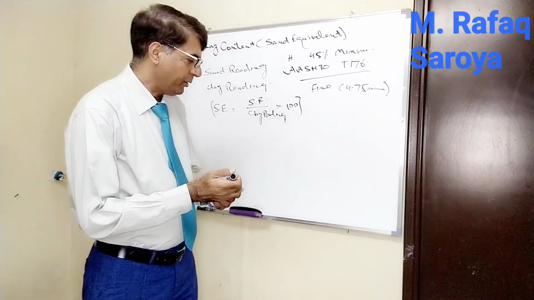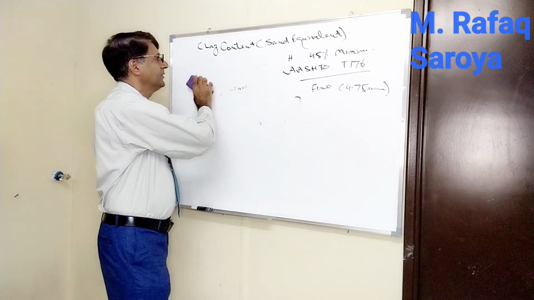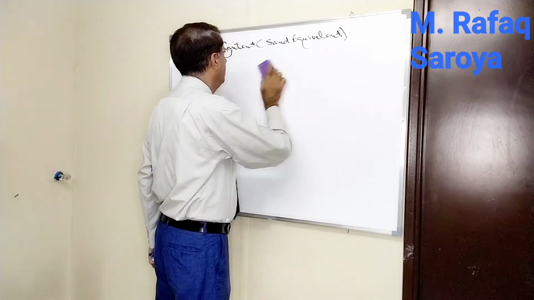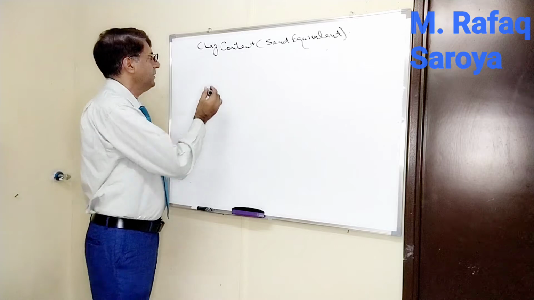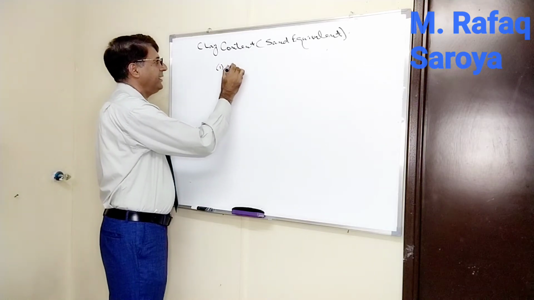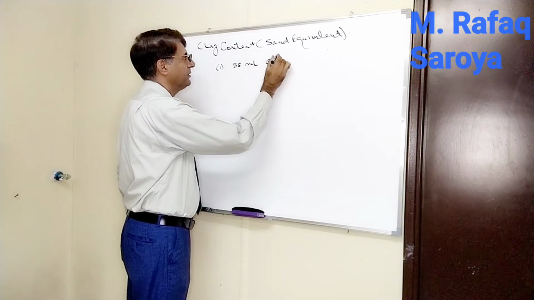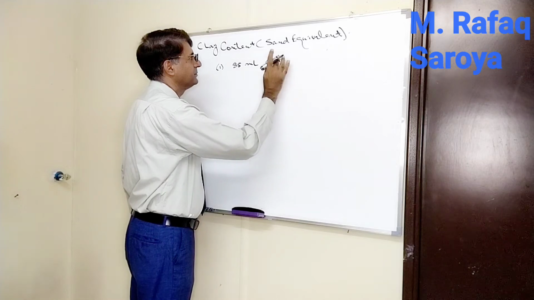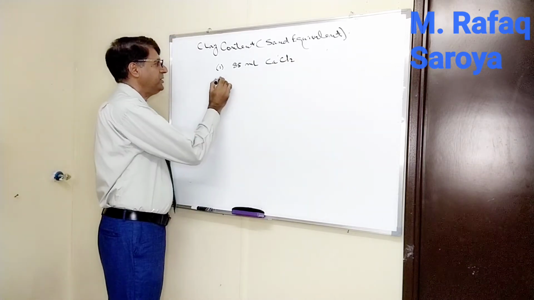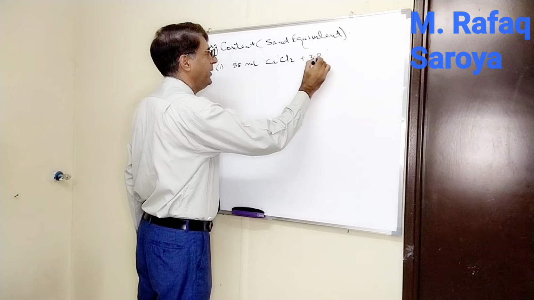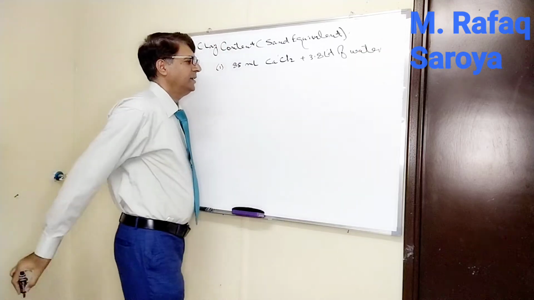Now, how are we going to take it? It's very easy, because this is a very common test performed in highway engineering. First of all, we will take 85 ml of calcium chloride solution. It is mixed with 3.8 liters of water.